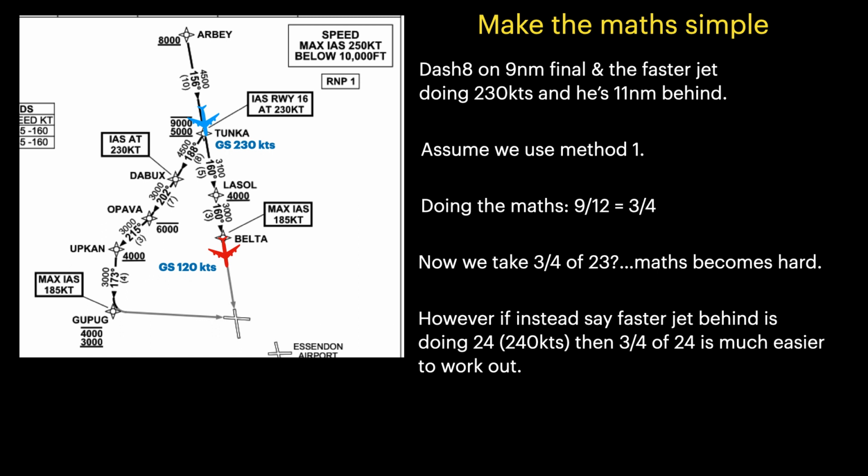All you do is you get the figure, halve it, and halve it again. Half of 24 is 12, half of 12 is 6. So 3/4 of 24 is 18. That's a lot easier than going through the precise maths.